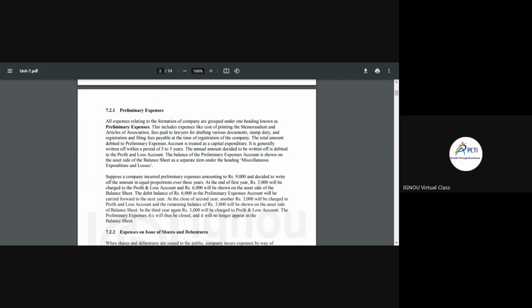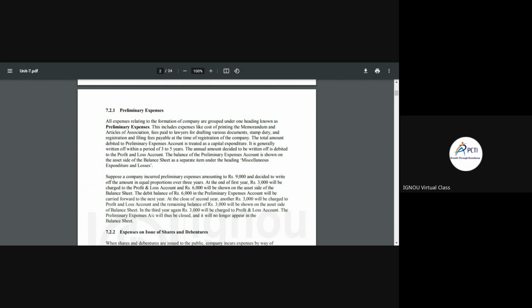It will be shown on the asset side of the balance sheet and carried forward to the next year. Then in the second year we again charge 3,000, and the remaining balance of 3,000 will be shown on the asset side of the balance sheet.